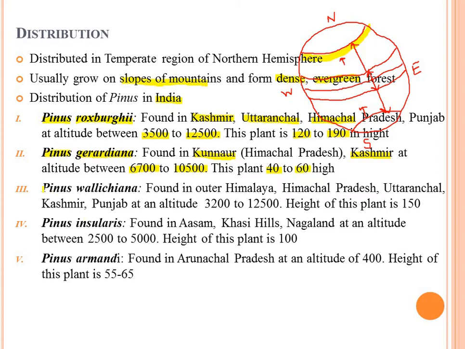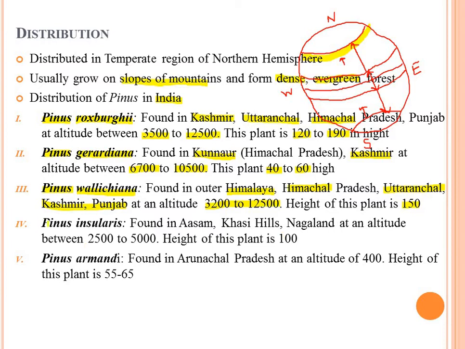The third one is Pinus wallichiana, found in the outer Himalaya, Himachal Pradesh, Uttaranchal, Kashmir as well as Punjab, at altitudes between 3,200 and 12,500 feet. The height of this plant is 150 feet or more.